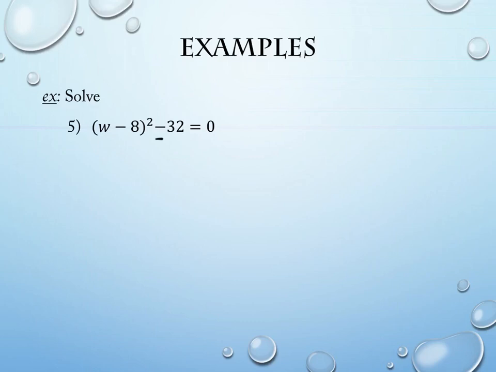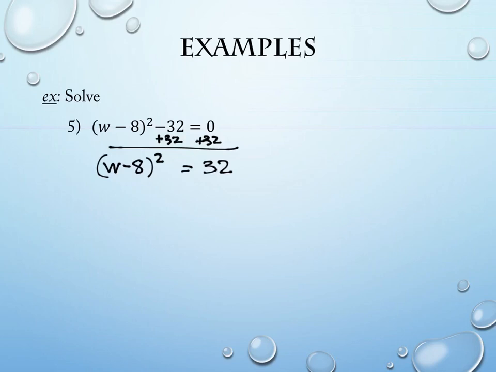So what we're going to do is move the 32 to the other side. That leaves me with w minus 8 squared on the left and 32 on the right. Everyone good so far? Okay. Now I can't just say w minus 8 equals 32 or something like that.